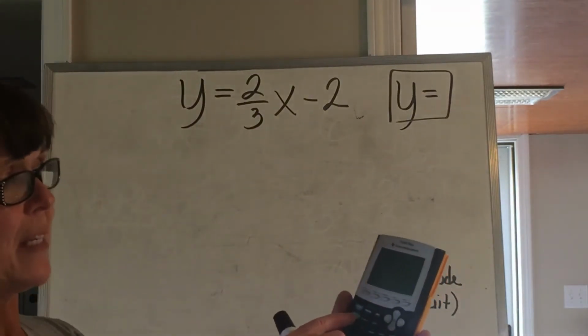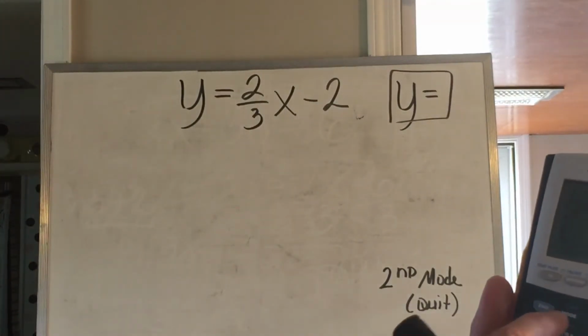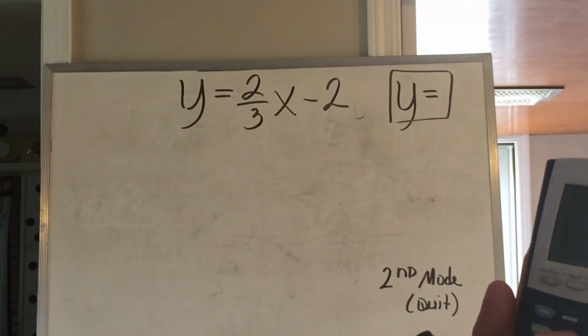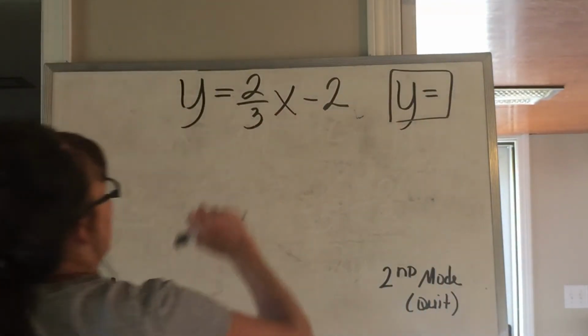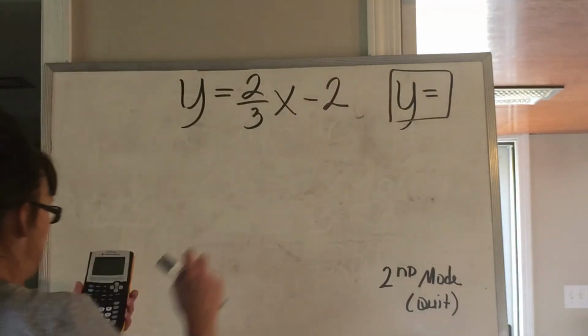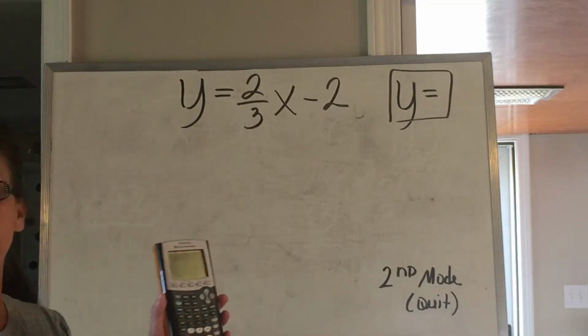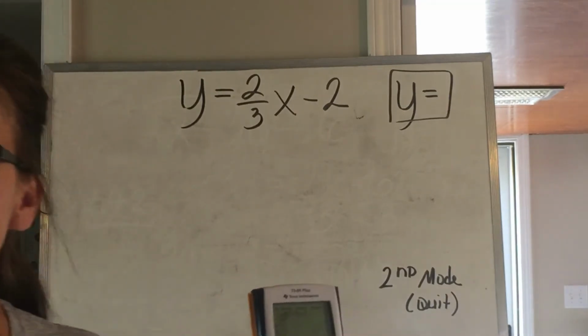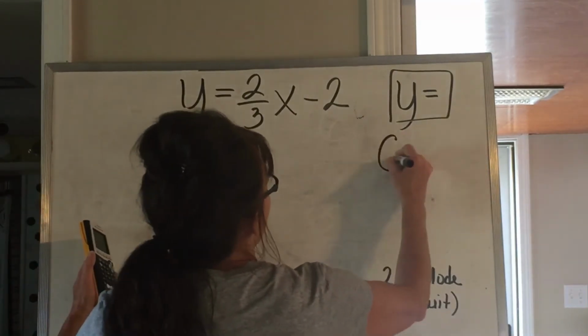It's right beside the green key. Okay, you see your alpha key? It's right next door to it. And so you press that, and X is going to pop up. This needs to be typed in as a minus and then 2. So you just type it in. Okay, then next you're going to hit graph.